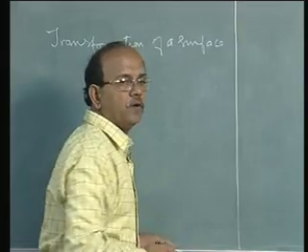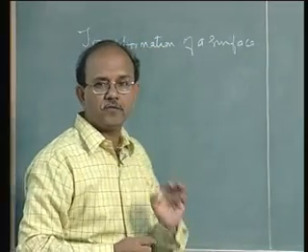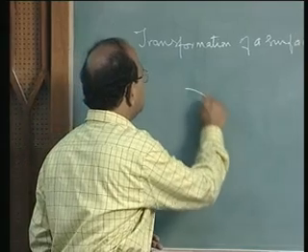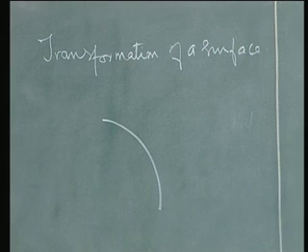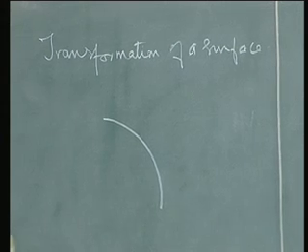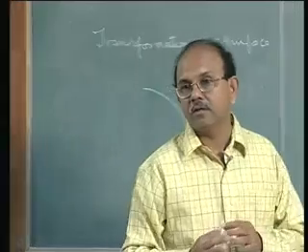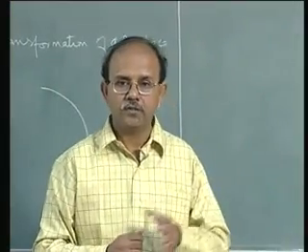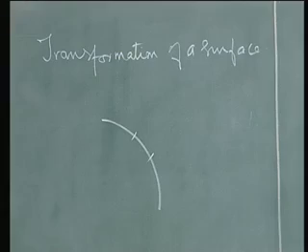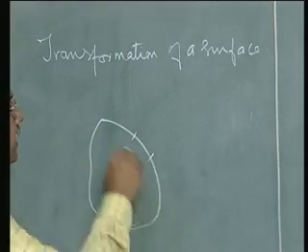So we stopped there, and we wanted to look now at the transformation of a surface. Transformation of a surface is very important because we know that the stresses are defined through the areas, and hence the surface definitions and how they transform are going to play a great role in our further definition of stresses. Suppose I take the body, and I take a surface.